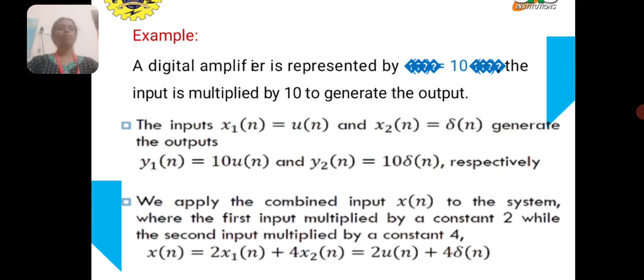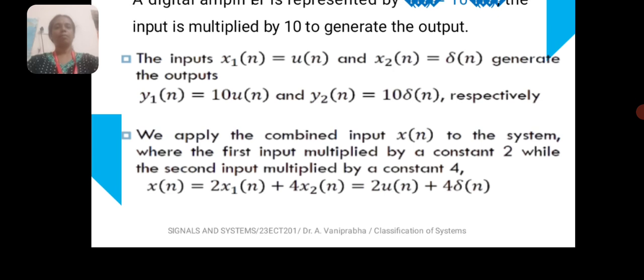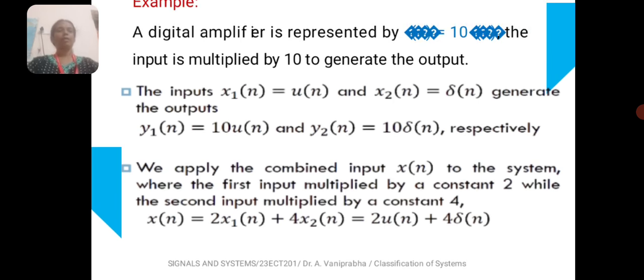So now we have to apply the linearity principle. Right? So x of n is equal to 2 times x1 of n plus 4 times x2 of n, which is equal to 2u of n plus 4 del of n.